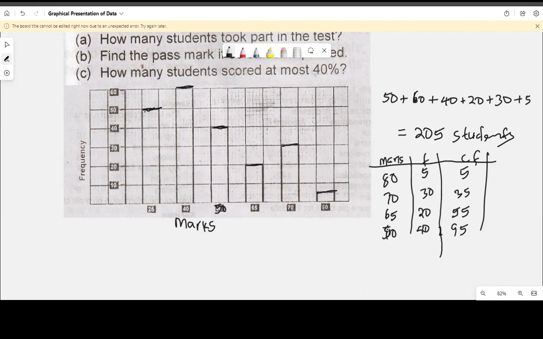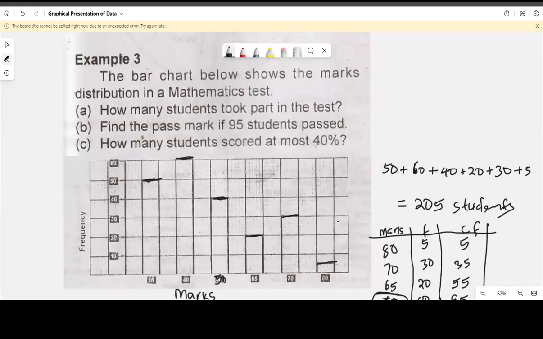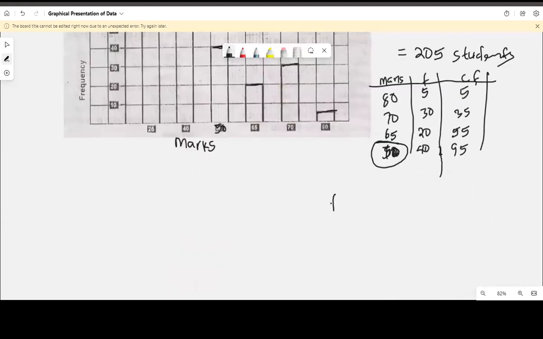So 50. Since we got a cumulative frequency of 95, and the mark that gave us that is 50, it means therefore that the pass mark is 50. The pass mark is equal to 50%.